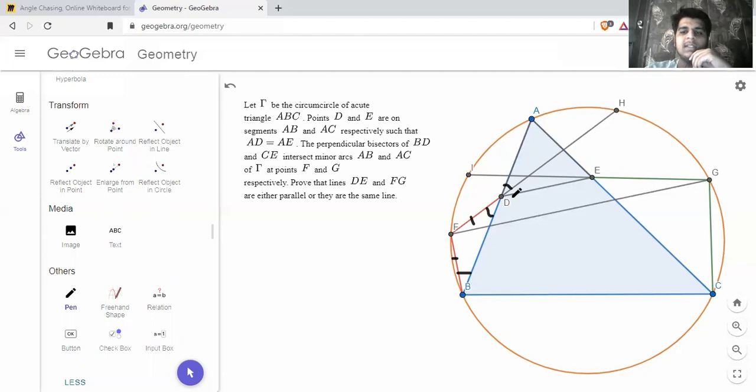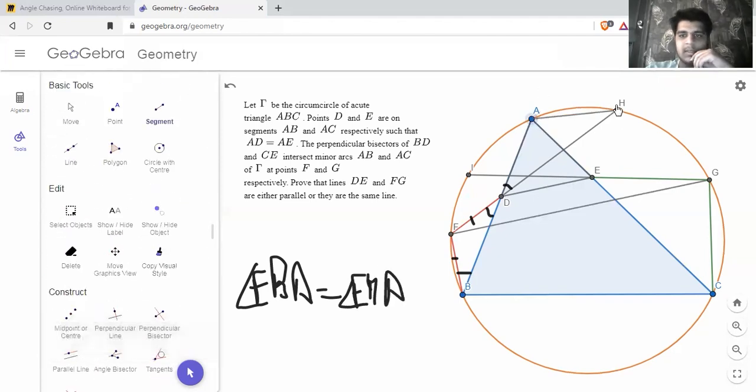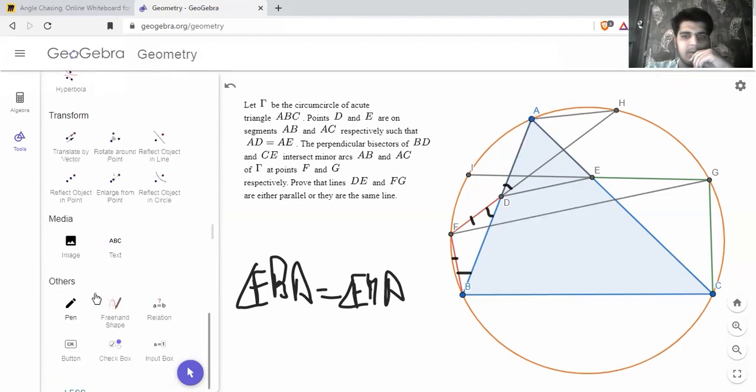Moreover, since this is a circle, angle FBA equals angle FHA. All these points lie on a circle, right? So if I draw this, we'll get this is also equal. So note that angle AHD equals angle ADH, which means AH equals AD. Right?